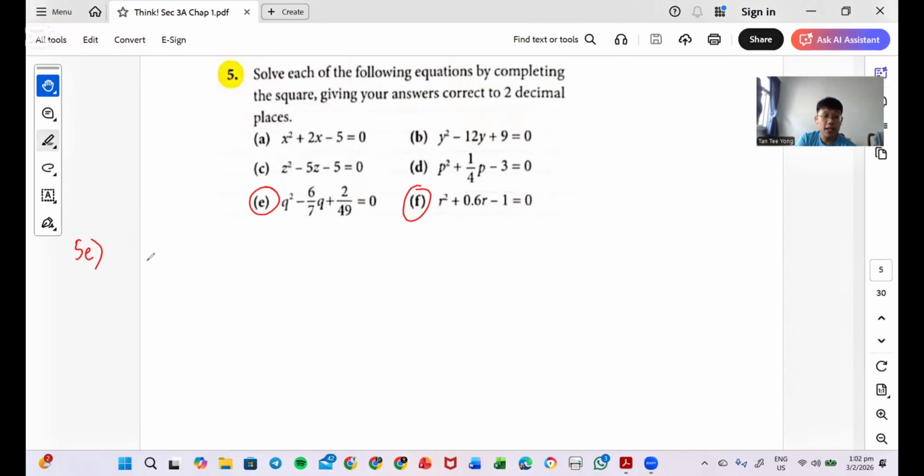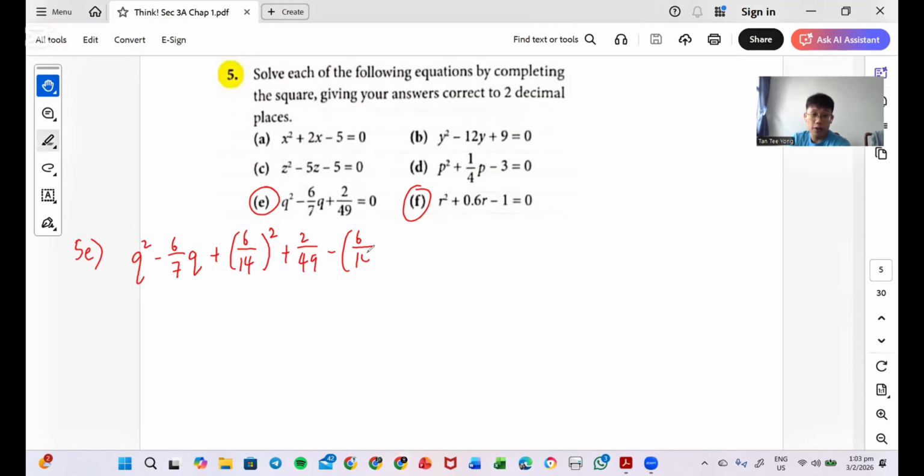Right, so next step. So q square minus 6 over 7q plus 6 over 14, because 6 over 7 divided by 2 is 6 over 14. Square. Okay, then plus 2 over 49. Then need to remember to minus 6 over 14 square equals to 0.